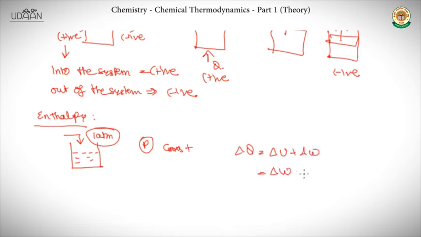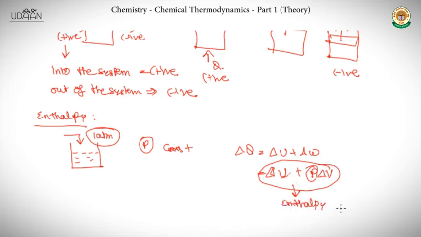What can the work done be? Work done is pressure into volume. Since pressure is constant, dQ equals delta U plus P delta V, which is the work done. Since this pressure is constant, we call this whole term enthalpy.